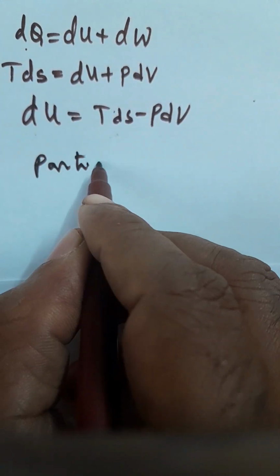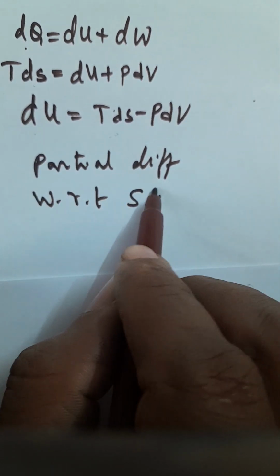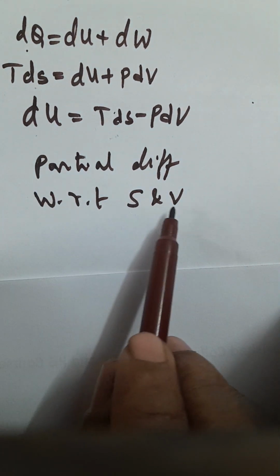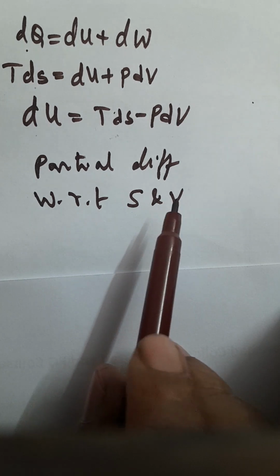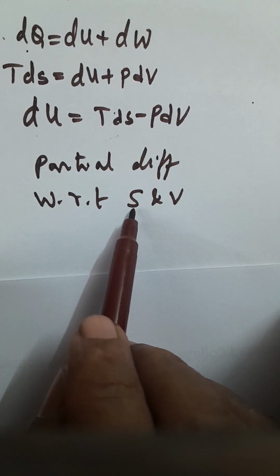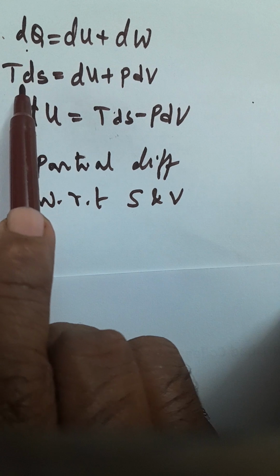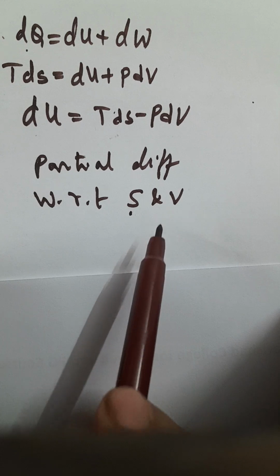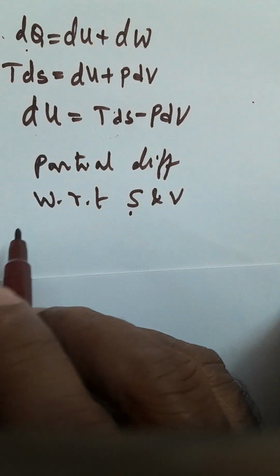For that purpose, to find a single variable, you have to do partial differentiation with respect to S and V, where S is entropy and V is volume. Always remember, first we will do it with respect to entropy and then volume. Now first we'll do it with entropy.